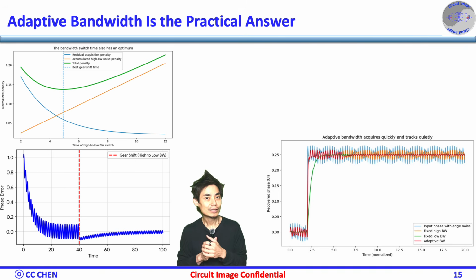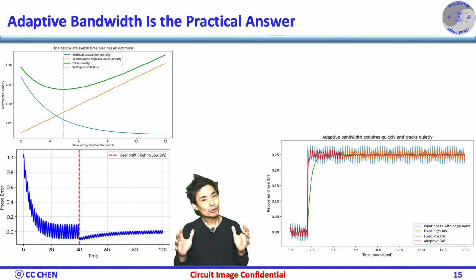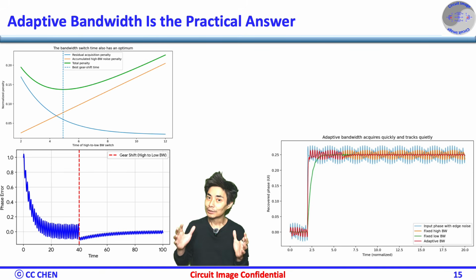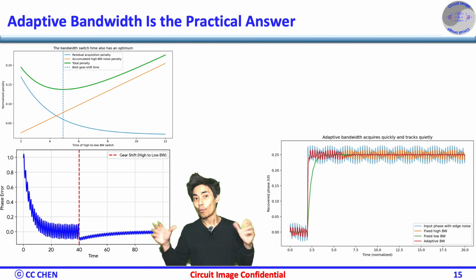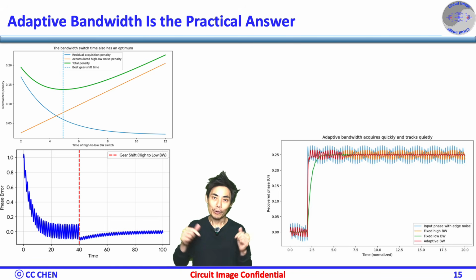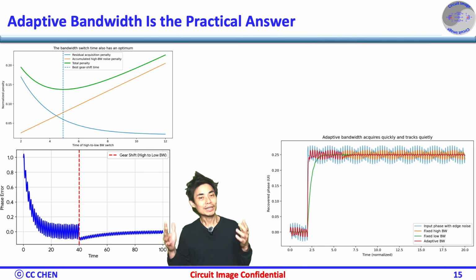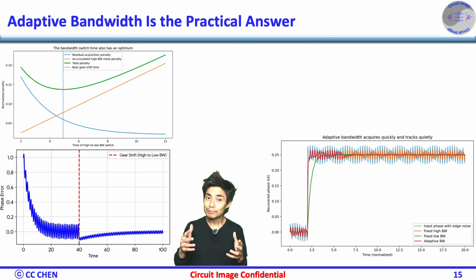During steady state, reduce bandwidth to lower jitter transfer, lower bang-bang hunting, and lower jitter generation. Avoid tracking ISI and random edge noise. This gives the best of both worlds. High bandwidth when we need speed, low bandwidth when we need a clean sampling clock. This is why real CDR design is not simply high bandwidth or low bandwidth.